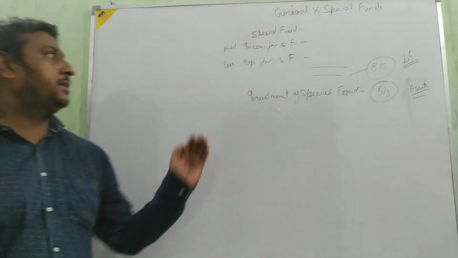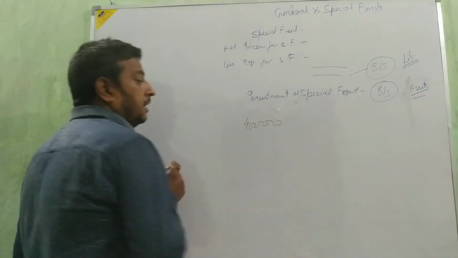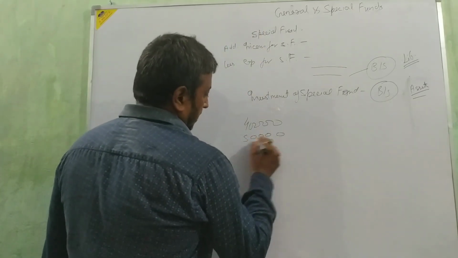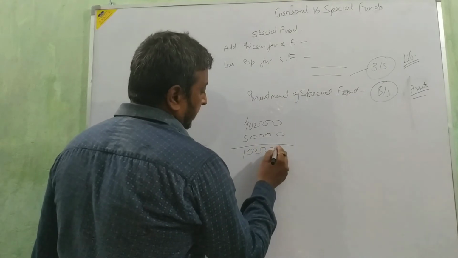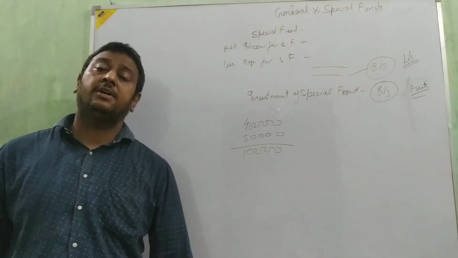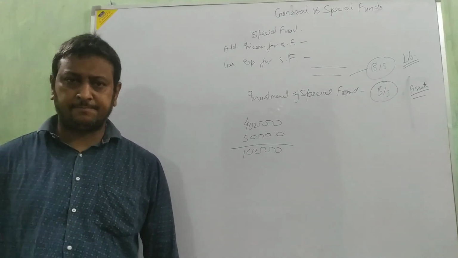Like that, if special fund is only 40,000 and expense is 50,000, then the remaining 10,000 we are going to show on the expense side of income and expenditure account. Okay beta, clear?